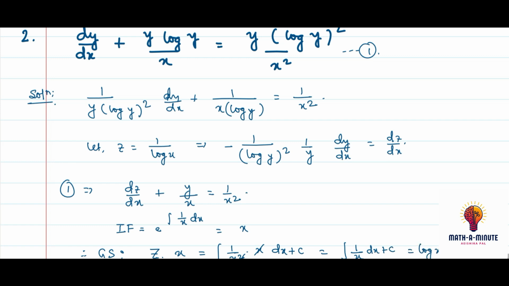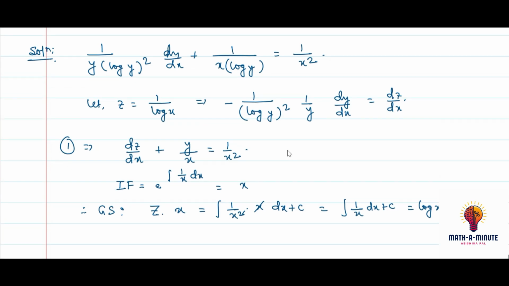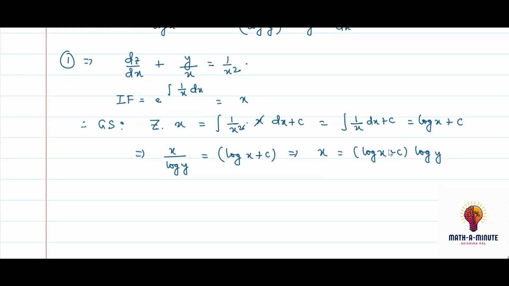Okay, and if we put the value of z here, so it will be x by log of y equals to log of x plus c. Okay, so our required general solution will be x equals to (log x plus c) into log y. Okay, we can modify this solution also.